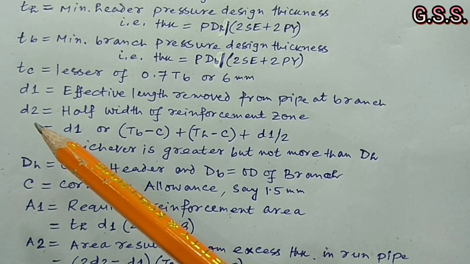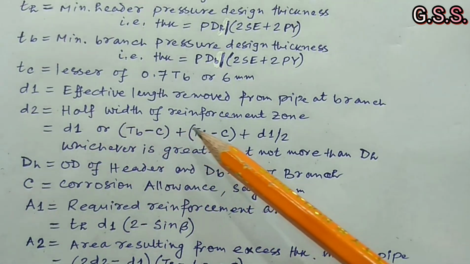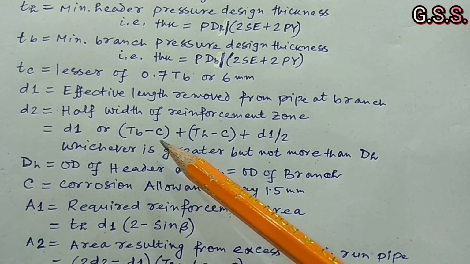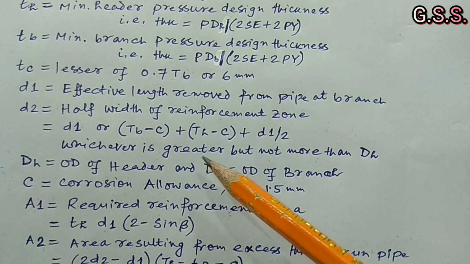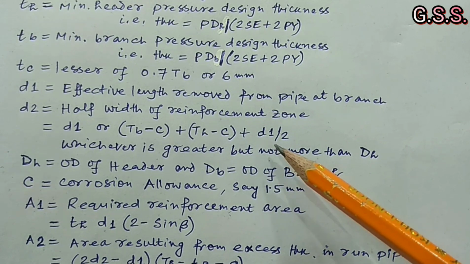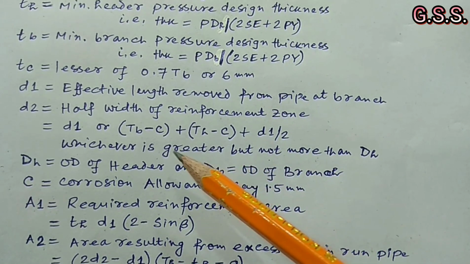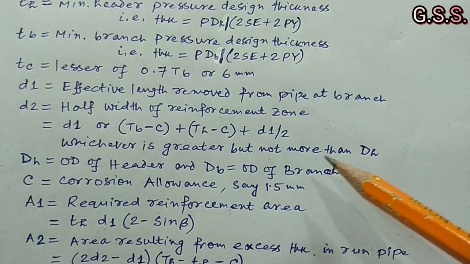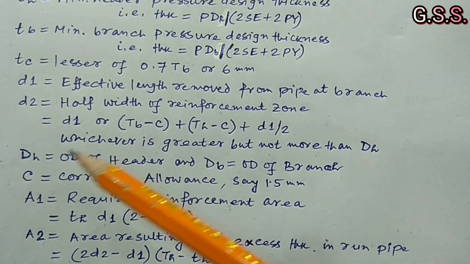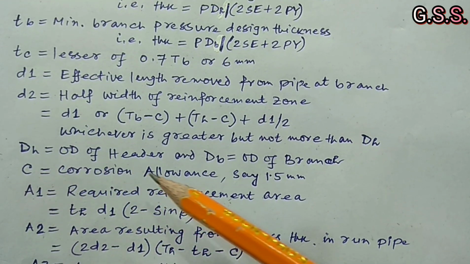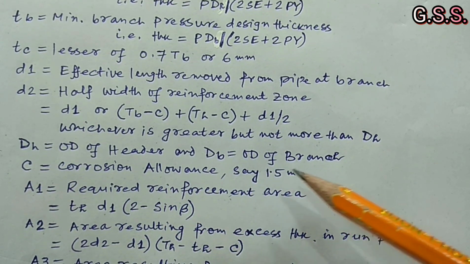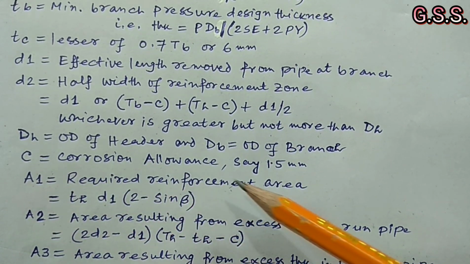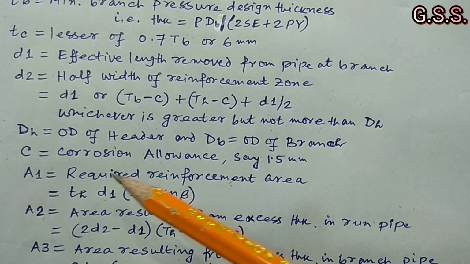Small d2 is the half width of reinforcement zone, equal to d1 or (capital TB minus C plus capital TH minus C plus small d1) divided by 2, whichever is greater but not more than capital DH. Capital DH is the OD of header and capital DB is the OD of branch. C is the corrosion allowance, say 1.5 millimeter.